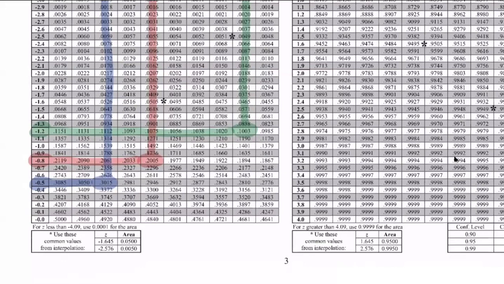Look for something close to 0.40. I see a 0.4013. You guys see that? So that's pretty close.